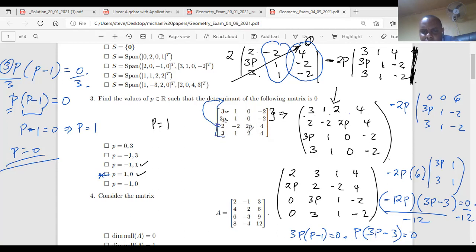So the 3, 1, 2, 2, minus 1, I brought them up. And then I took this column and moved it to the front. So I could just do 2 and 2p. And when I did my 2, I saw these are dependent. That became 0. Then I focused on this. Again, I had to be tricky so that I could get 0, 0, 6 and compute my determinant.